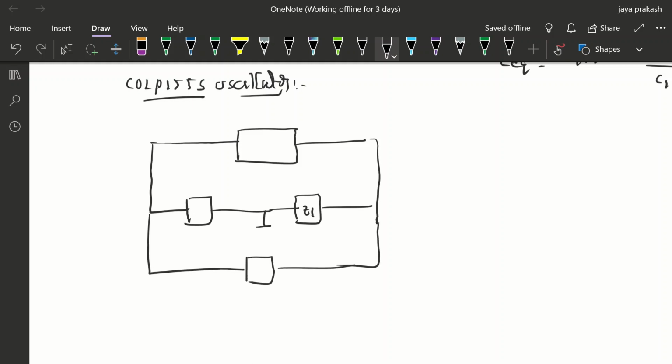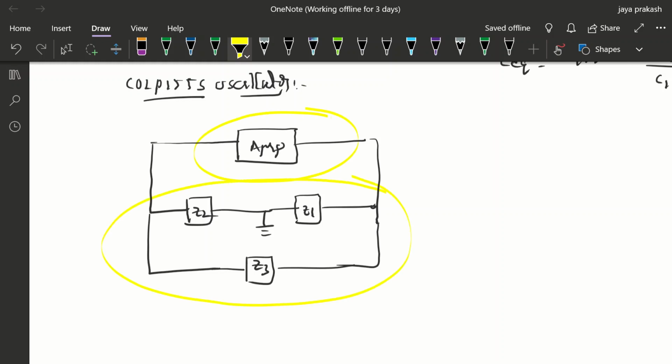This is Z1, this is ground, Z2, Z3, and this is the basic amplifier. It consists mainly of two blocks, which I explained in the last lecture: the amplifier and the beta network. If the beta network has elements of L and C, such an oscillator is said to be an LC oscillator.